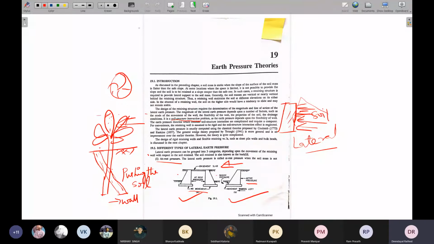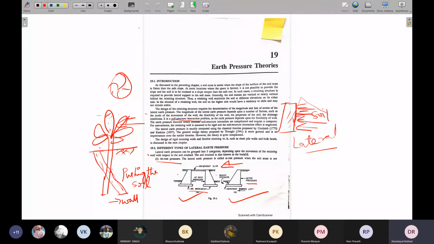Okay. So if you recall, we have started the Earth pressure theories. In that we have discussed the three cases: the pressure at rest, the active case, and the passive case.